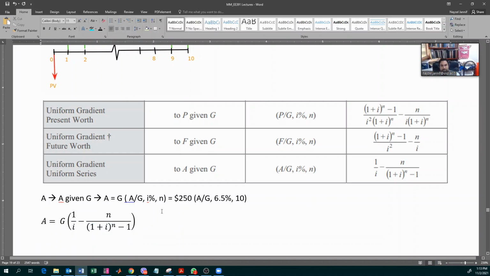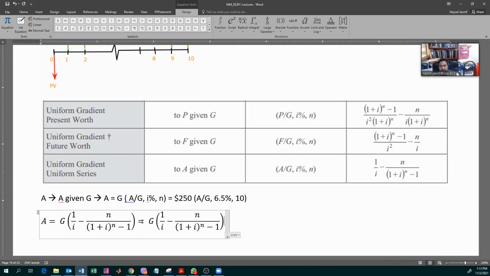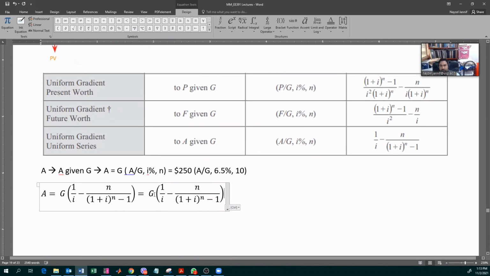Anybody found any errors? Is that formula looking okay? Okay, so let's go ahead and calculate this. What is our G, guys, in this case? All right, some people have already started to calculate the answer. Thank you, I like that.